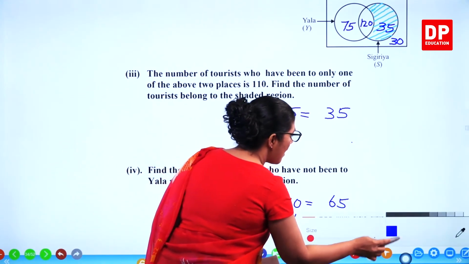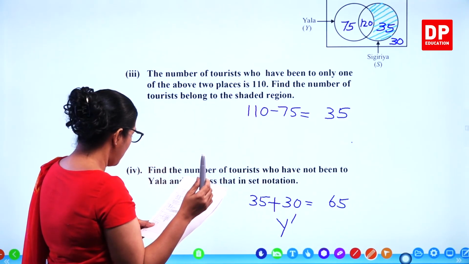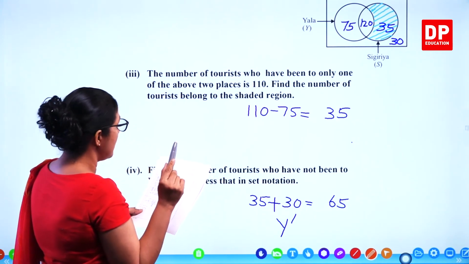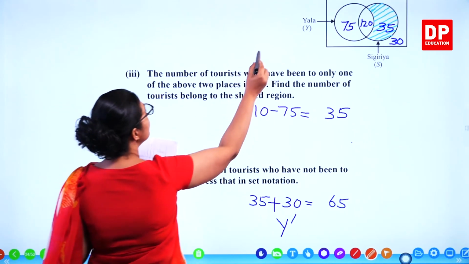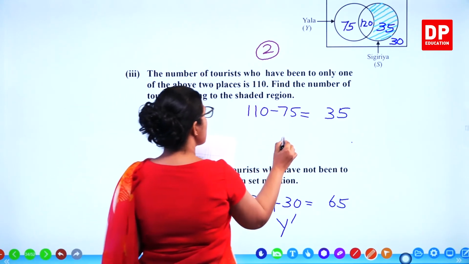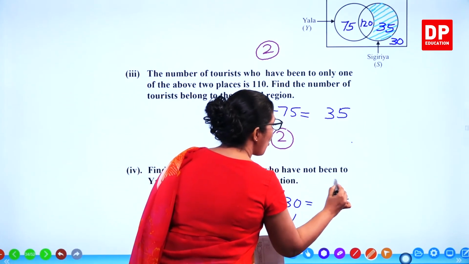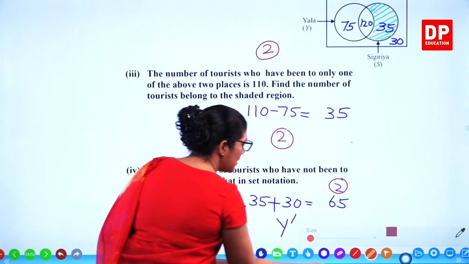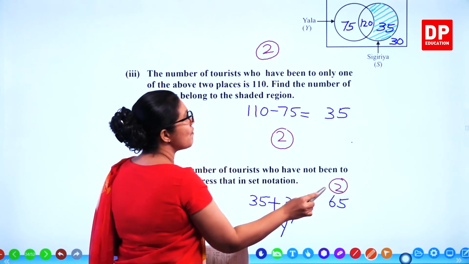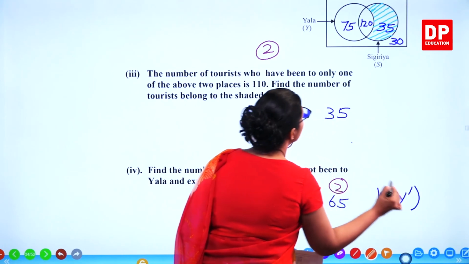So let's see how many marks for each step. Here this is 35, and the shading part you are getting 2 marks, and then finding 35 you are getting 2 marks, and this one, 65, you are getting 2 marks. Here they want 65 as the set notation, not just the set. So how can you write it?